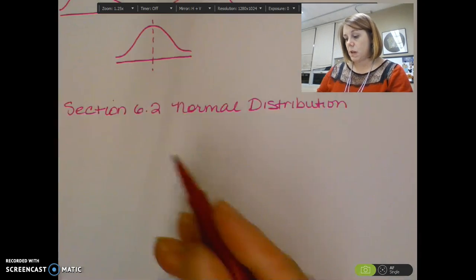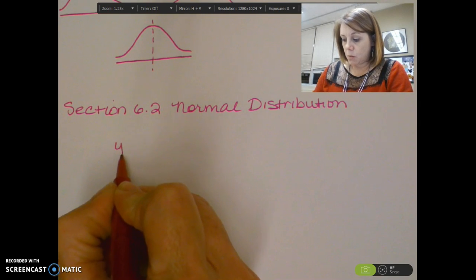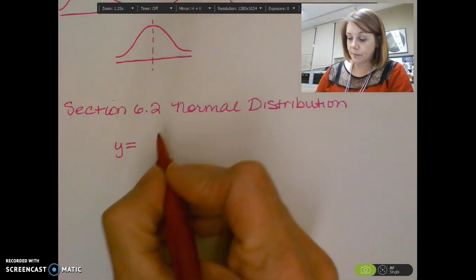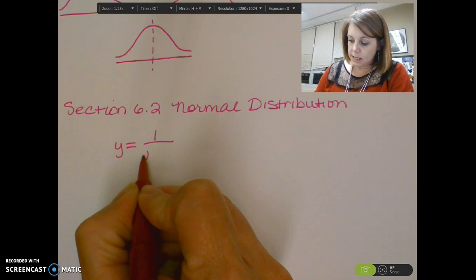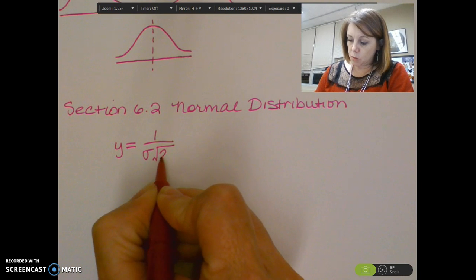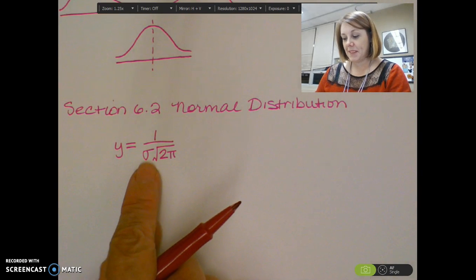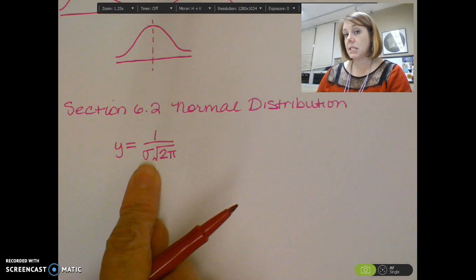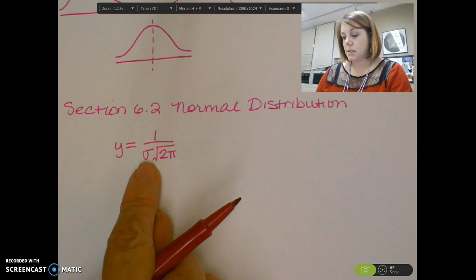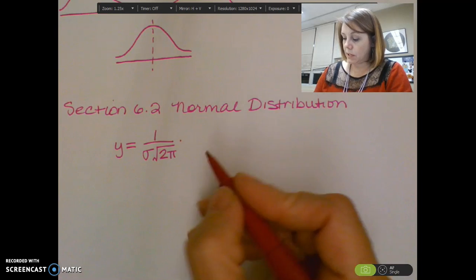So in terms of what this equation looks like, y equals 1 over sigma times the square root of 2 pi. Not too bad so far, right? That sigma, do you remember what that is? Population standard deviation. So that one's a variable we've already seen before.